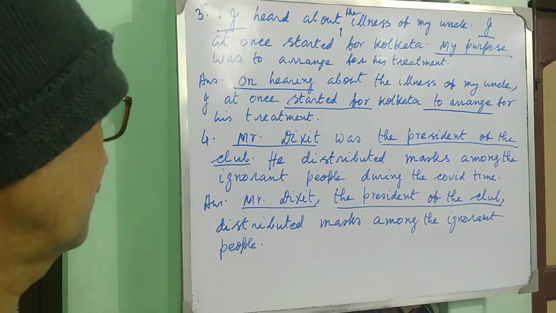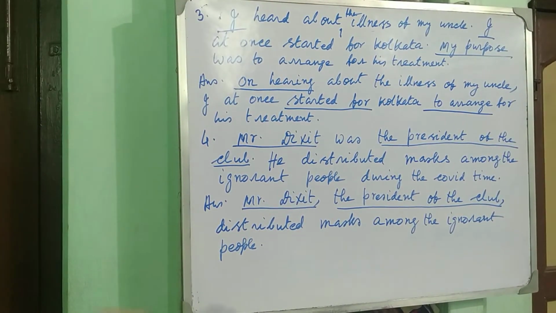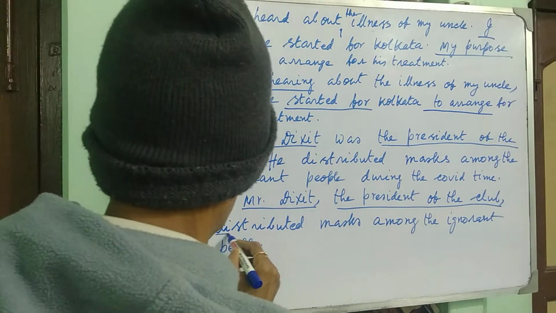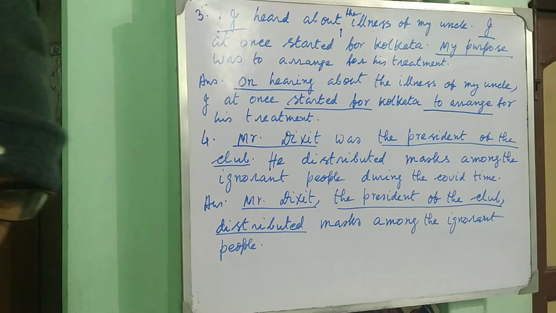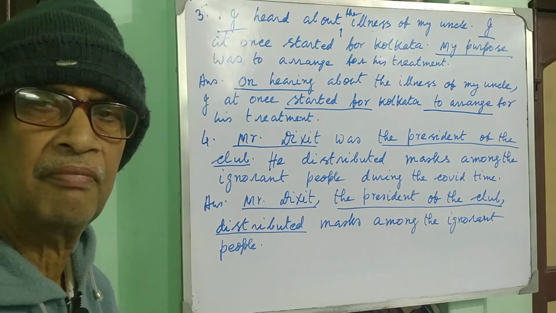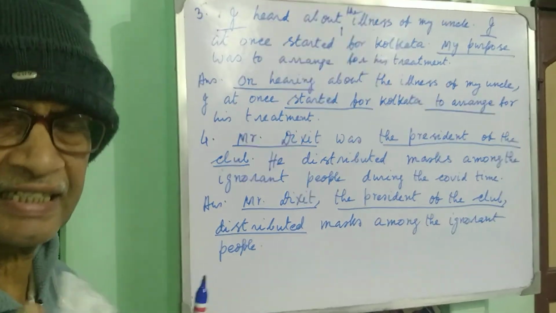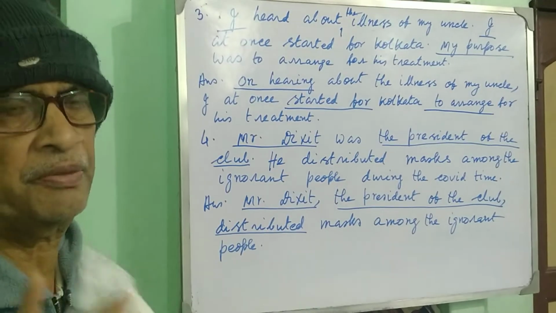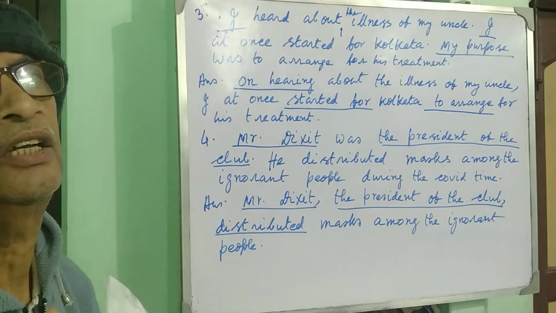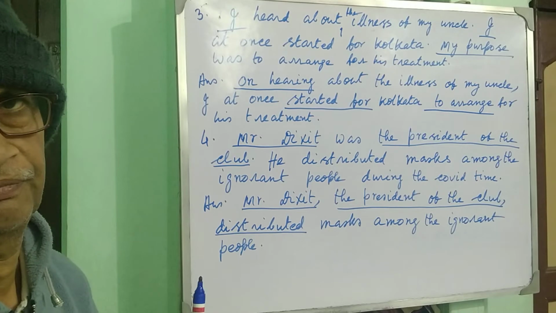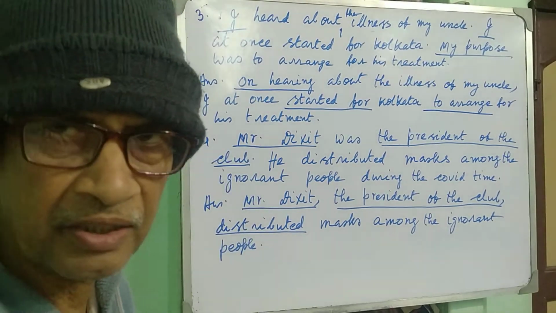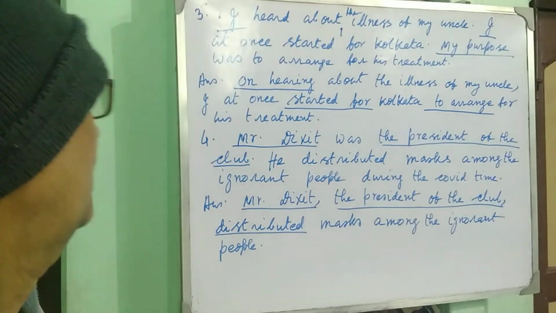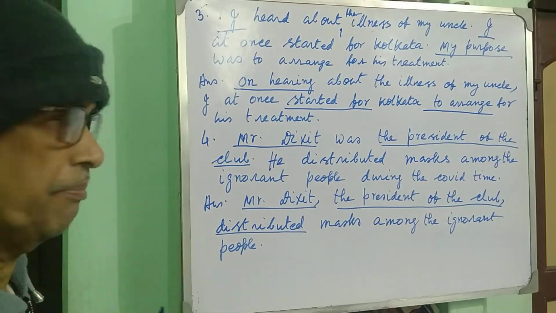Clear? And there is only one finite verb, you see, distributed, and it is a simple sentence. And all these are for Madhyamik examinees, HS examinees, CBSE, ISC, ICSE, all will be benefited by these methods of construction. You see.